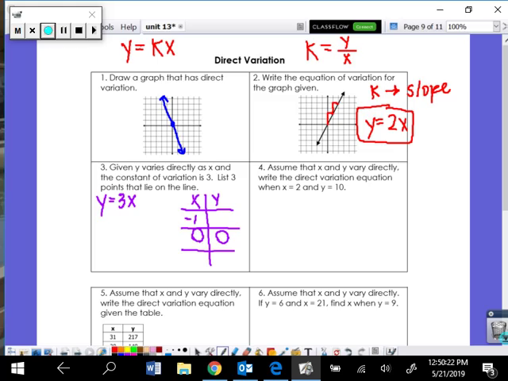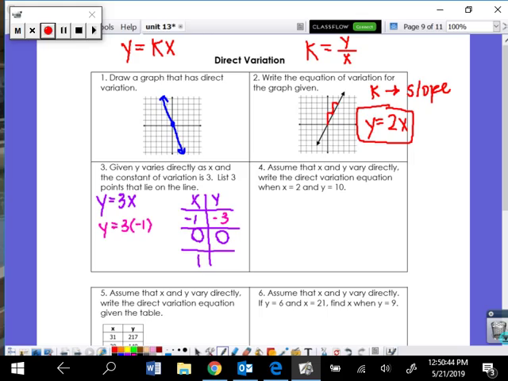Maybe you do -1 and +1. Maybe you do -5, +5. Maybe you do 7 and 17. Does not matter, but just choose 2 x values and you'll plug them in. So, plugging in, y equals 3 times -1. So that was -3.